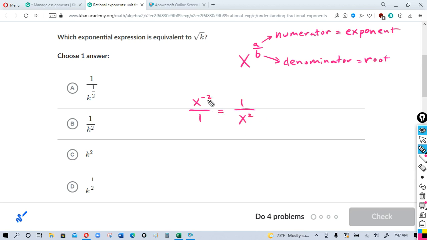Okay, you can go the other way as well. If you have 1 over x to the negative 3, you can shift this whole thing up into the numerator, and you just change the sign on the exponent, so that's the same as x to the third. All right, so just so you know, you can shift back and forth and just change the plus minus sign on the exponent.